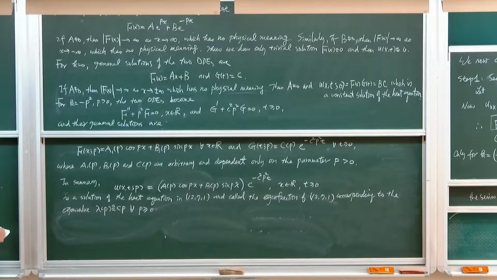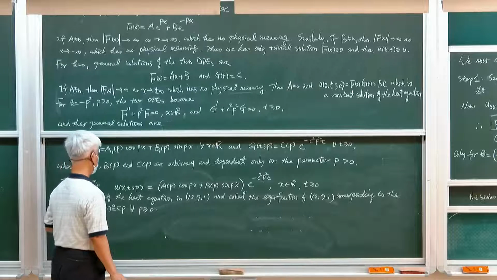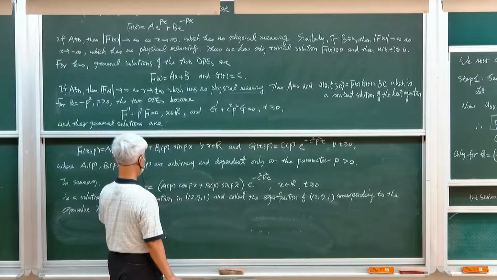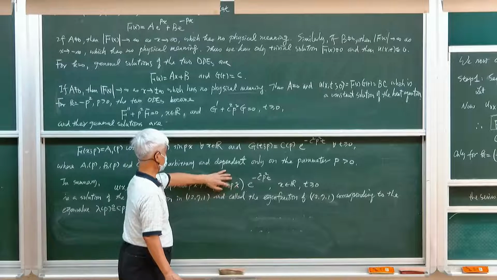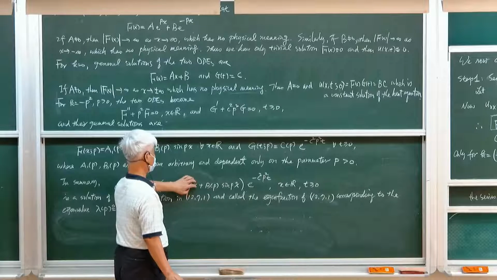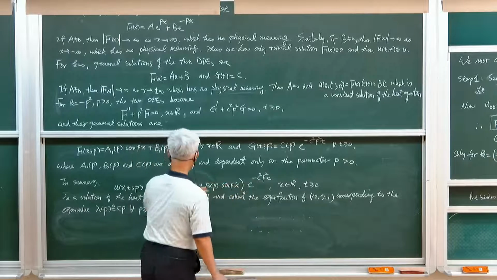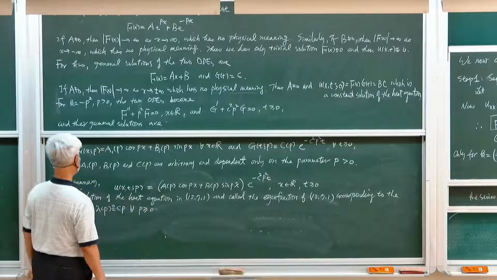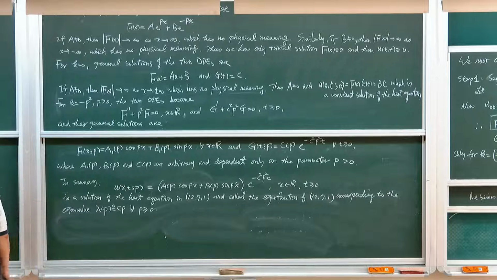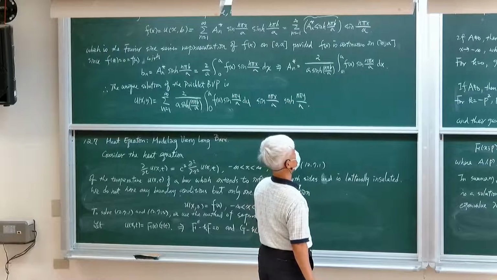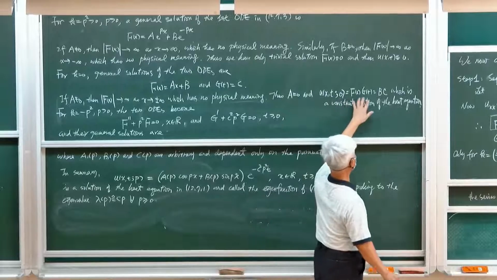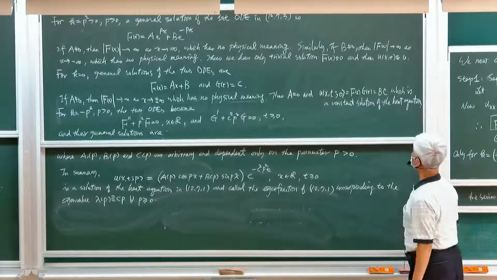So if p equal to 0, this is 0, and this is 1, and this is 1. So this becomes a constant only. So this is corresponding to the constant solution. Where is the constant solution? Oh, here. So we have the constant solution here.